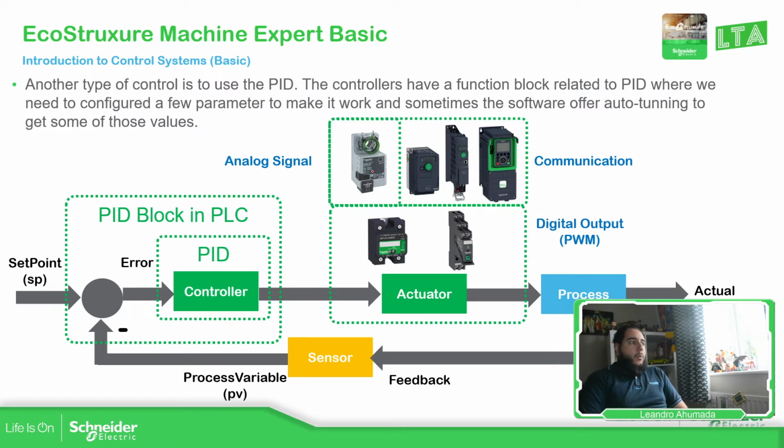Or we can use the analog signal to control a drive, just to indicate the velocity of the motor that we're going to have. Or we can change the actuator. The physical actuator, we can select the actual position of the valve, for the air to flow, or the liquid, or whatever we have.